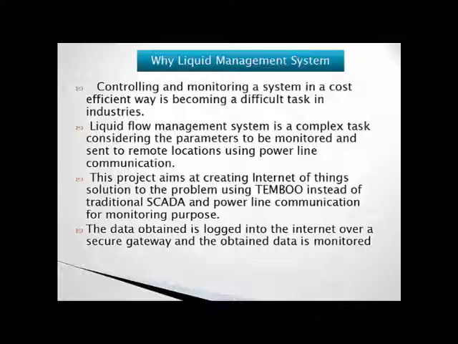So data obtained is logged over directly to the internet through a secure gateway.